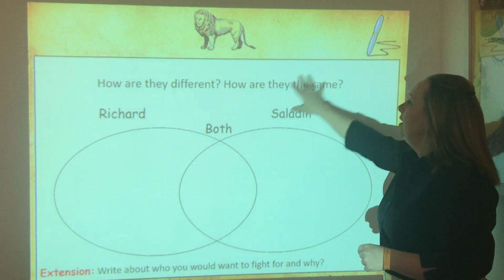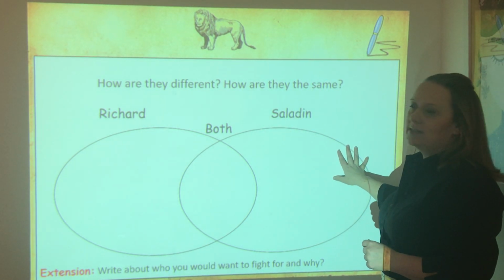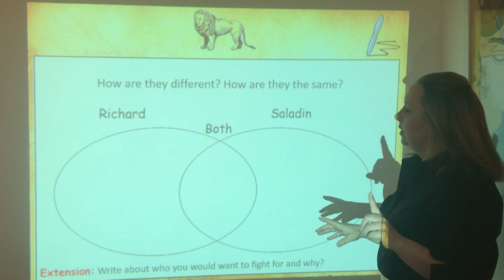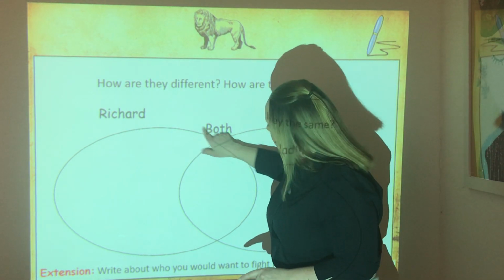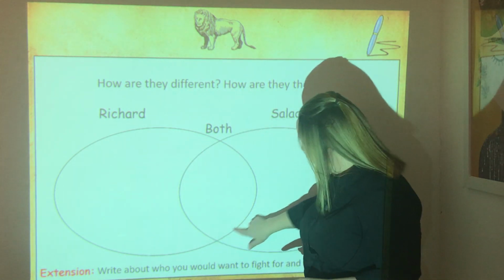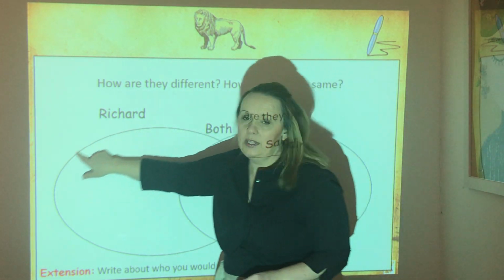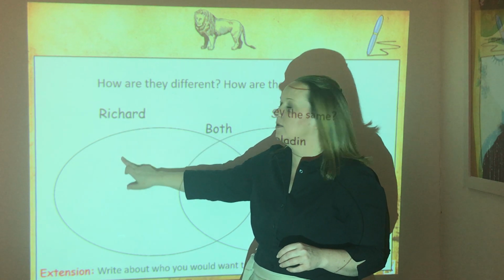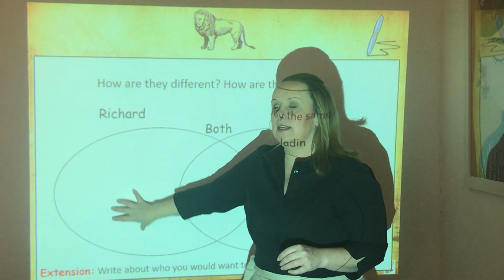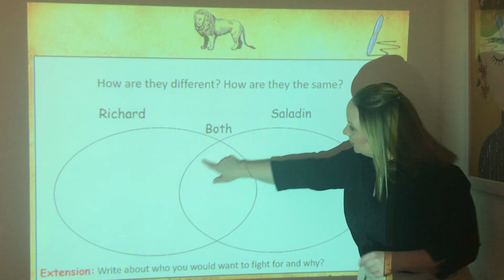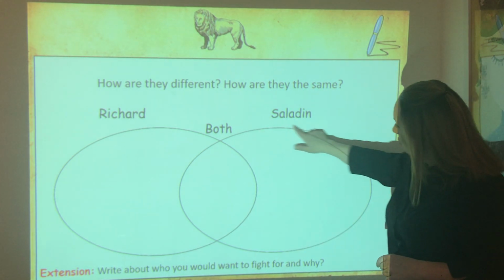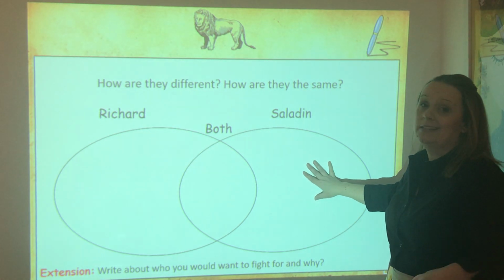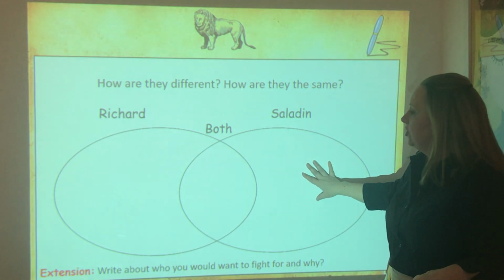So we've got a pen. You're going to create this Venn diagram for me. Now, I'm sure you've done Venn diagrams, but a really quick reminder. In this circle here is going to be all the things that you find out about Richard the Lionheart. Okay, so that's going to go in this circle. Then in this circle here is all of the things that we know about Saladin as a person, as a leader, what he did, some of his actions.